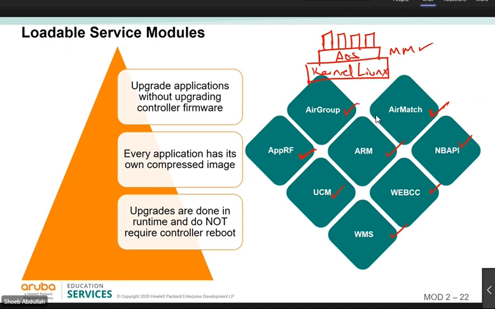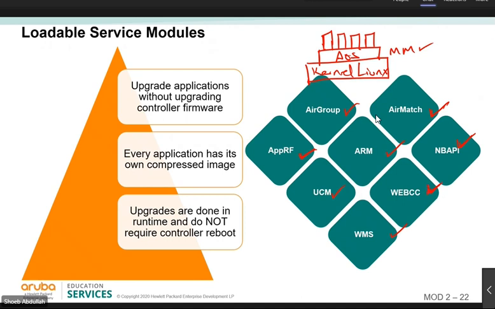So if you want to upgrade them, let us assume you are working on the northbound API or WebCC. What is WebCC? WebCC stands for Web Content Classification. This is a layer 7 feature where you control what enters and leaves your network. Typically with respect to layer 7 traffic, you want to take certain decisions based on a certain URL category, web category or app category. You want to allow or deny certain traffic in the production network based on these categories, and you will be able to do that with Web Content Classification.